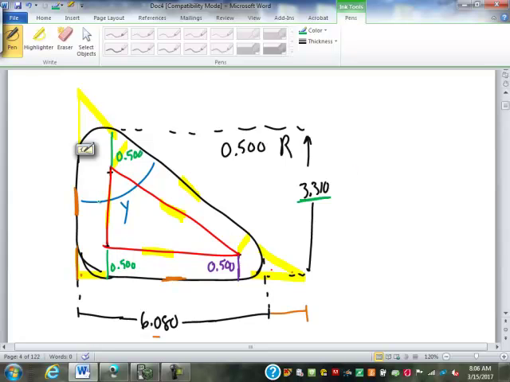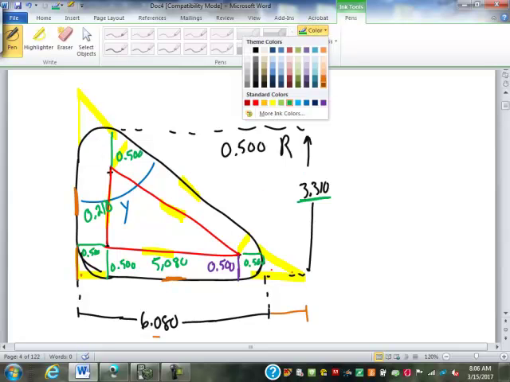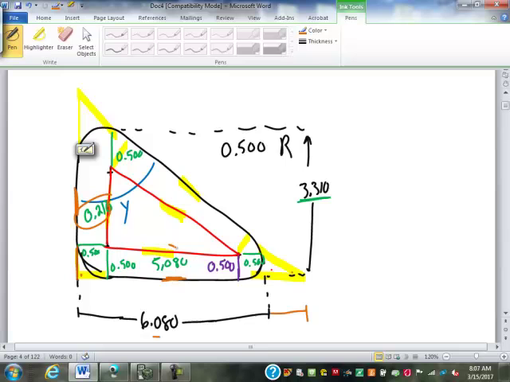Yep, we'll do the same the other way. So this is 0.210. And the same thing, this is 0.5 here and 0.5 there. So we subtract 1 from the 6 to make it 5.080. So we have those two dimensions, and y should be the same as this angle here.